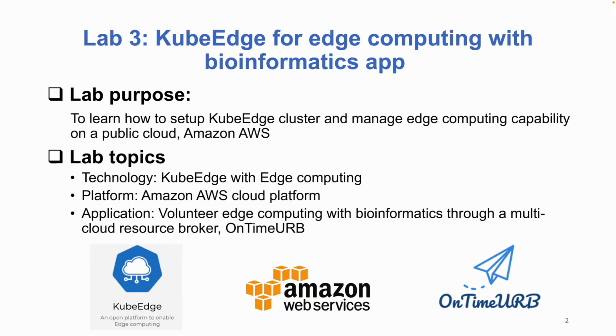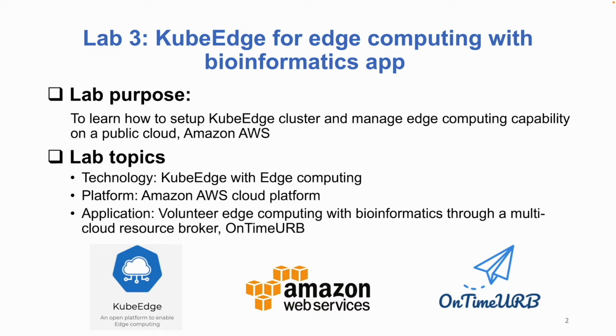In this video, I'm going to show you the third lab in our learning series, the KubeEdge for edge computing with bioinformatics application. The purpose of this lab is to show you how to set up a KubeEdge cluster and manage edge computing capabilities on the public cloud, Amazon AWS.